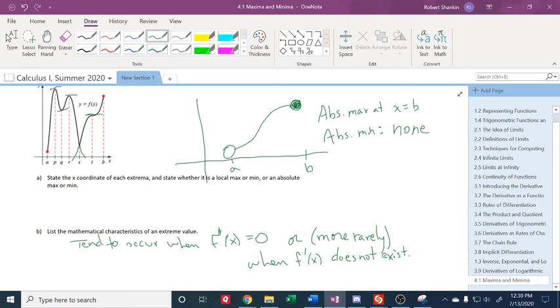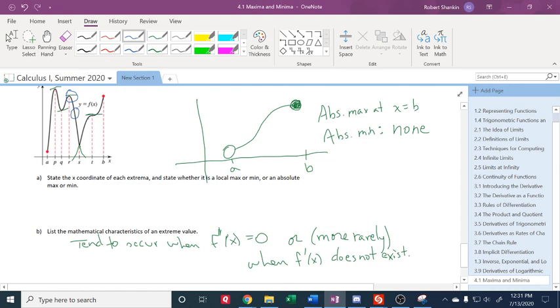Okay, now when we talk about a little region, one way you can visualize that is, let me draw a little circle there. Is there a highest point inside that circle, but I can't take it on the edge of the circle?